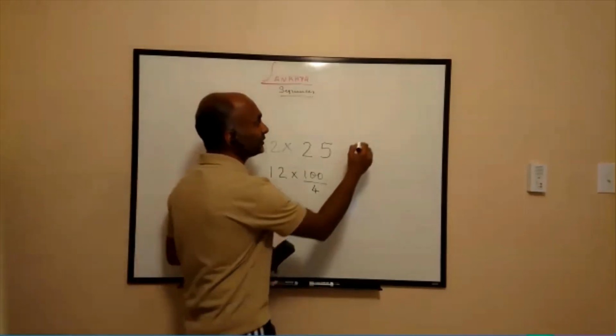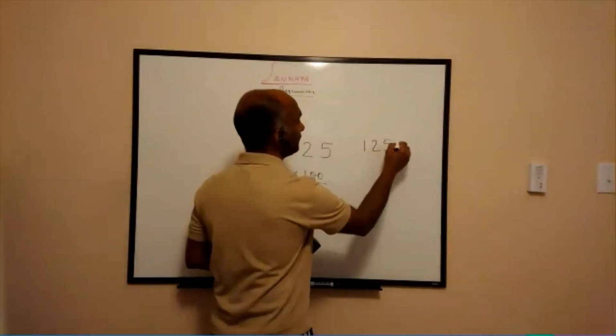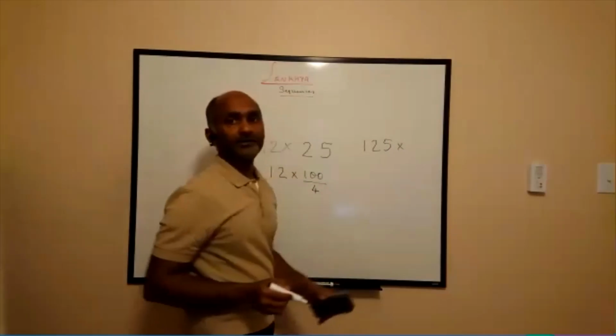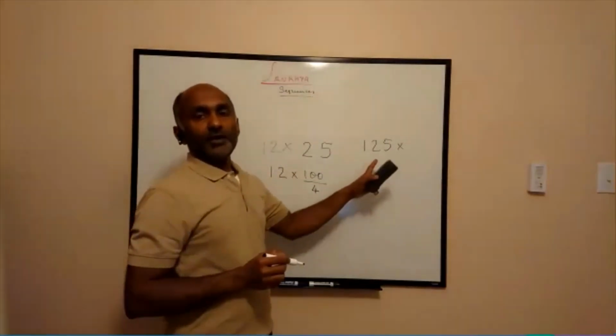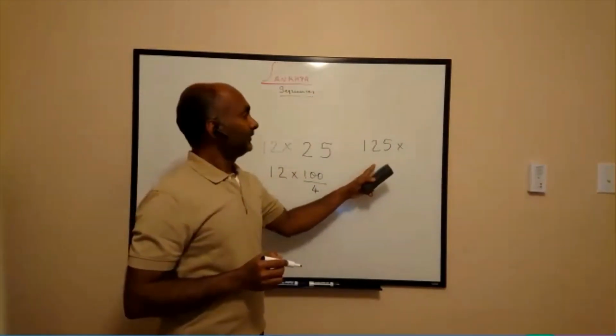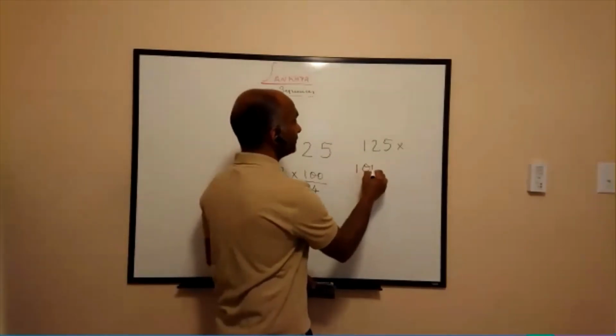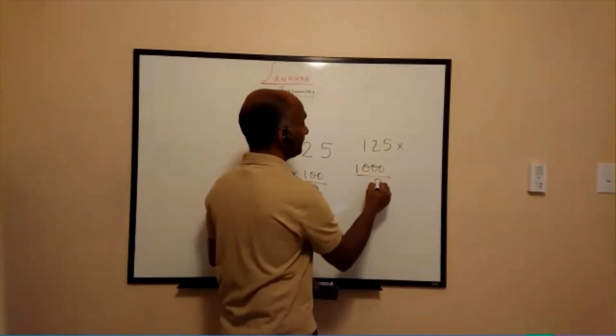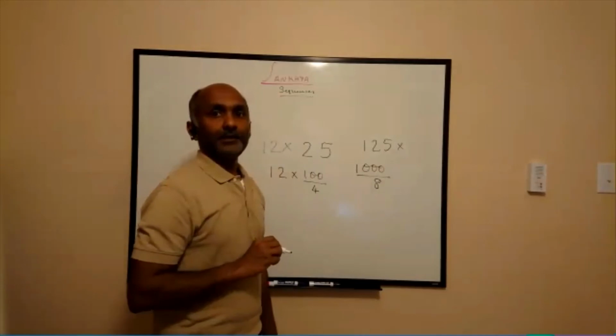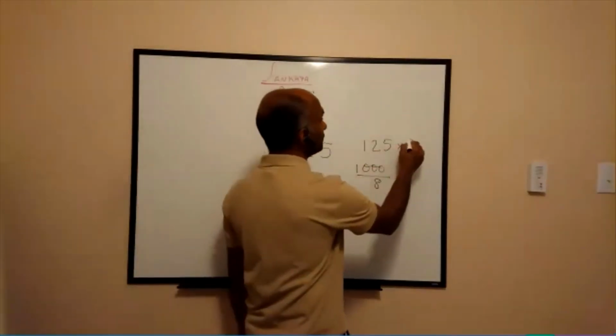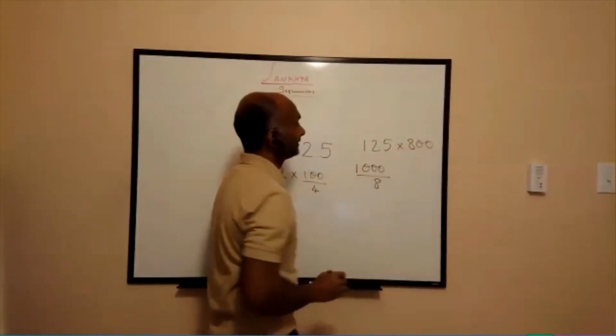For example, say 125 times some number. Now 125, if you do not know, is 1000 by 8. Now imagine if you had been given 125 times 800.